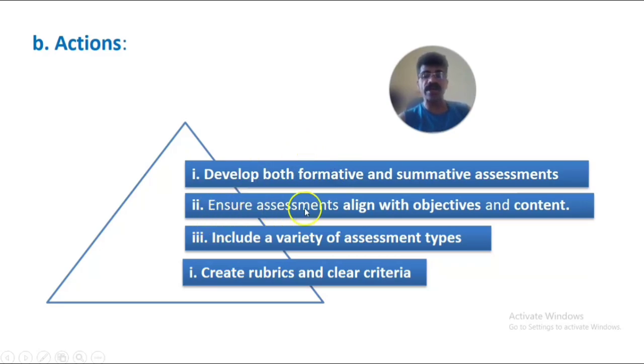Then second, ensure assessments align with, that is, balance with the set objectives and goals and the subject content. Include a variety of assessment types, because we have to assess the cognitive, skill and attitude of the students. Then the fourth is to create rubrics and clear criteria.